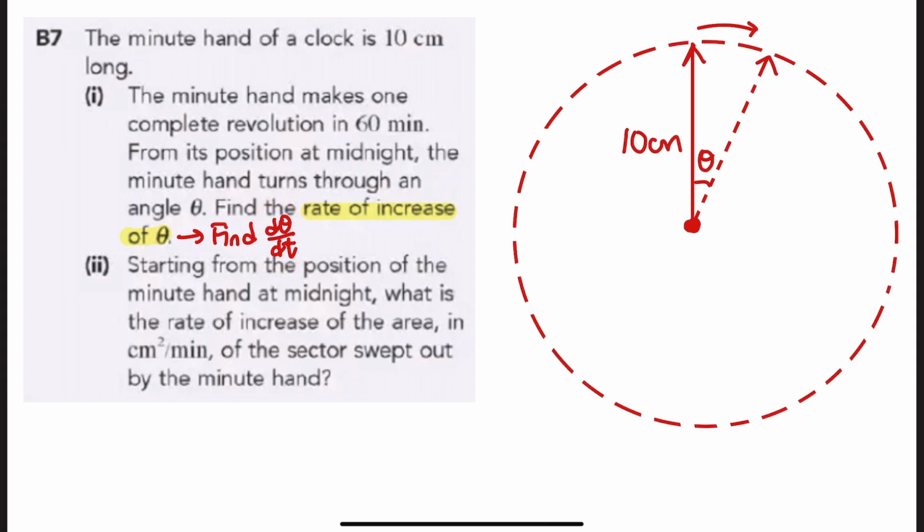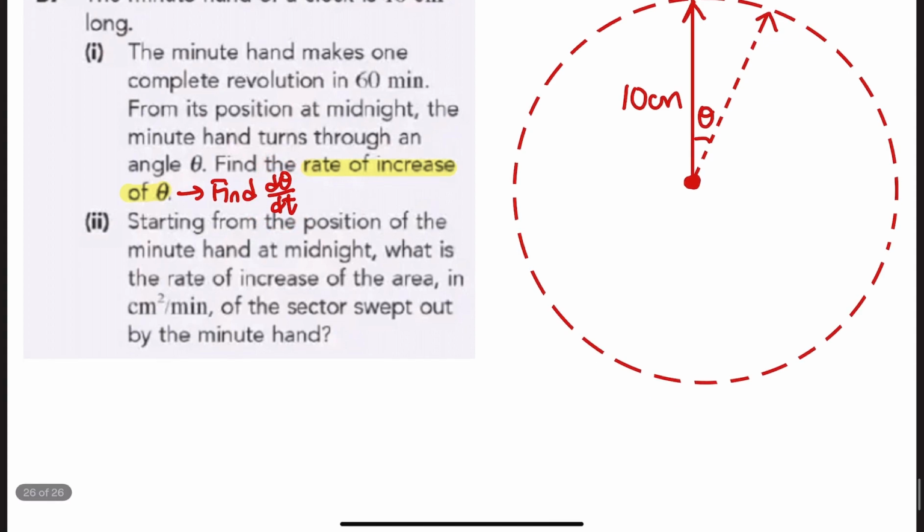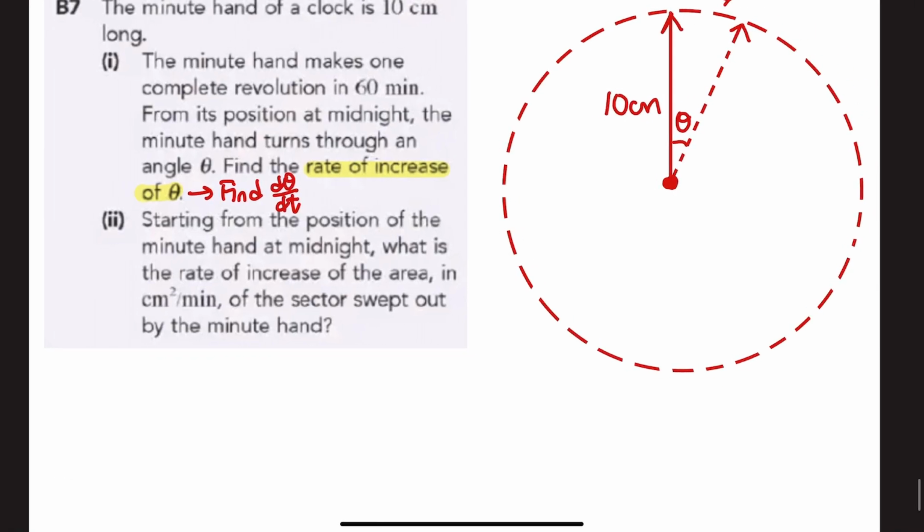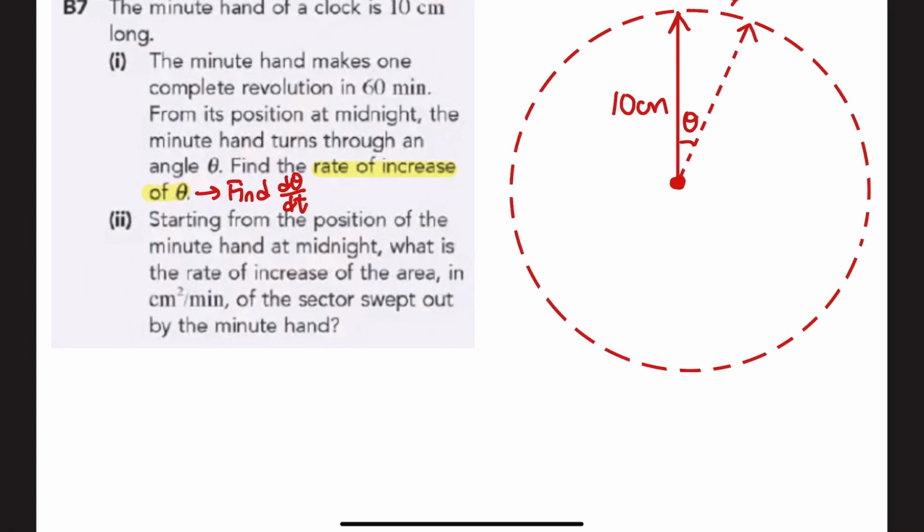I will use my angle in radian measure. Let me write it out clearly: use radian measure for angles. And you will notice radian measure is much easier because of your formulas for circles in radians. So I will use radian measure for this.